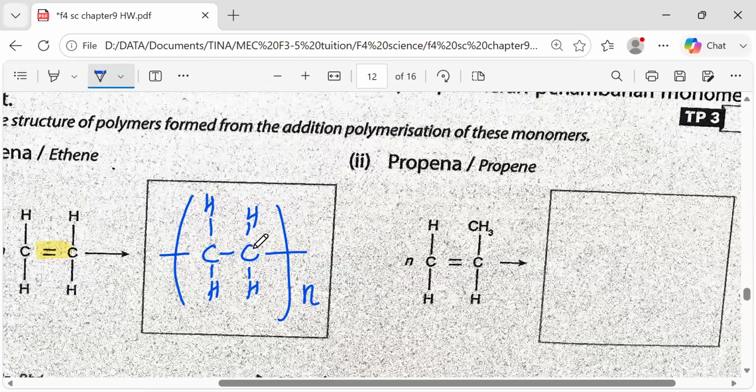Same concept. You put the line, the double bond opens up, and then here H H, CH3 CH. You just copy the same thing. Just bracket and then put an N. That's it. So this is the monomer. N means many, many, many. So there are many monomers joined together like that.